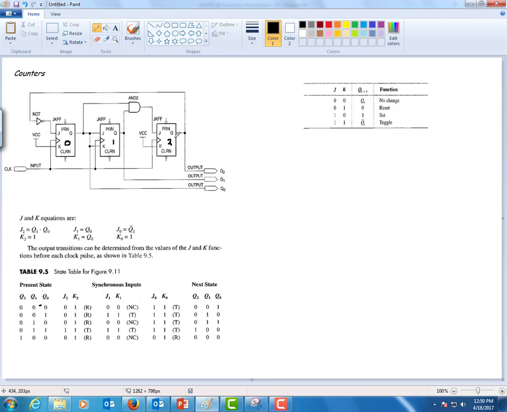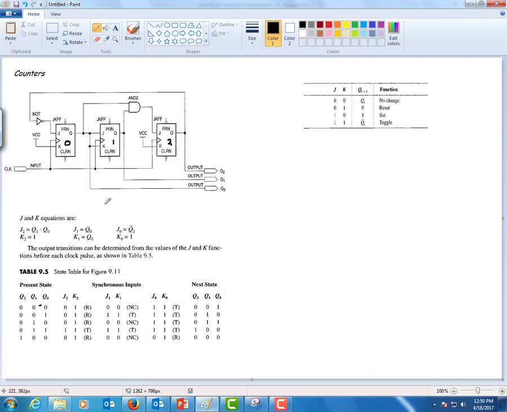Finally, let's look at this one over here. K is connected to VCC, which means it's 1, obviously. And J is connected to the output of an AND gate, and there are 2 inputs there. One input comes from Q0, the other input comes from Q1. So if we come down here to our equations, we see that K2 is 1, which makes sense.